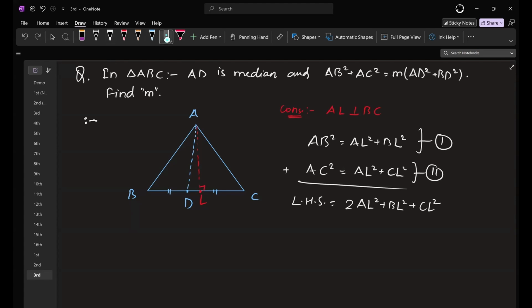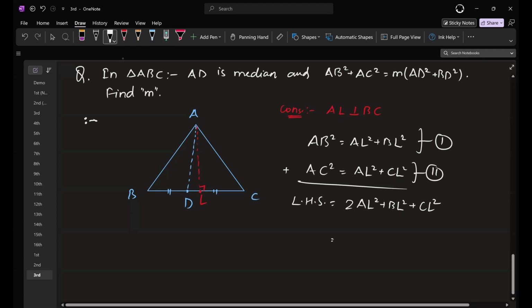We don't want L to be a part of our final answer because we have constructed it ourselves. So anything containing L cannot be a part of our final answer, so we have to eliminate L. Let's not mess with the 2AL square right here.